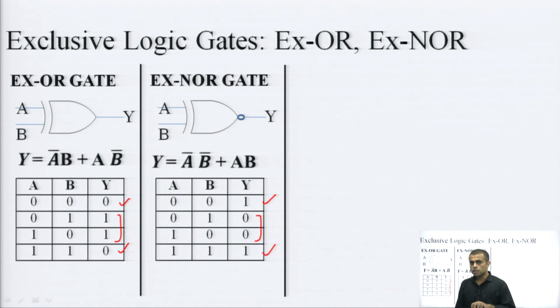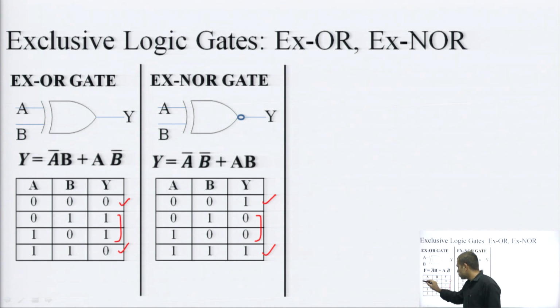But this same-different rule by which we are writing the expression for output y holds only for two inputs. If I am designing a gate which has more than two inputs, then this similar and dissimilar rule is not valid. In that case, I have to check the number of ones. If the number of ones on the input side is even, then the XOR will give me a 0 output.